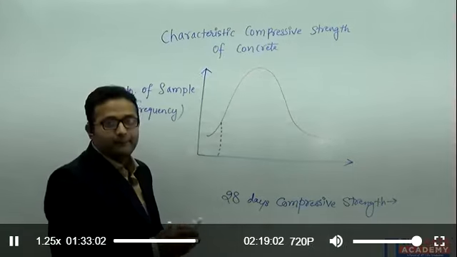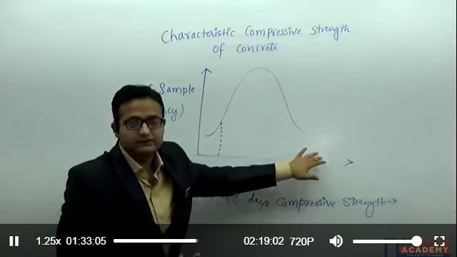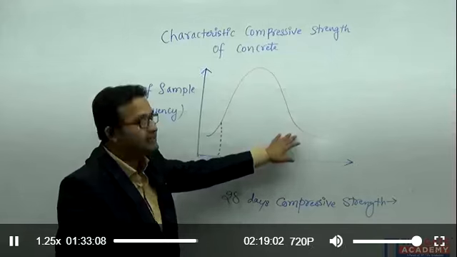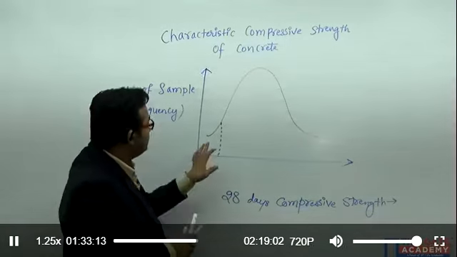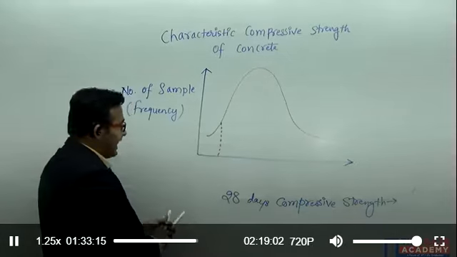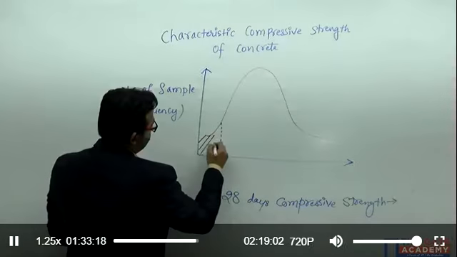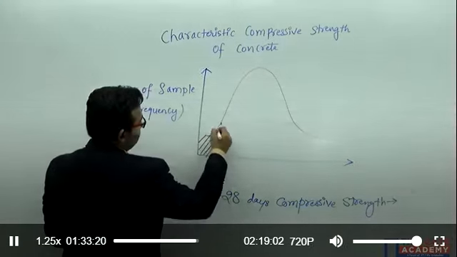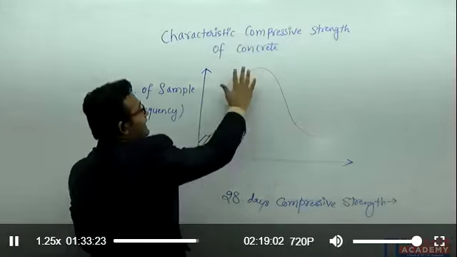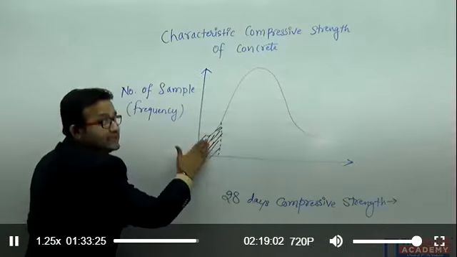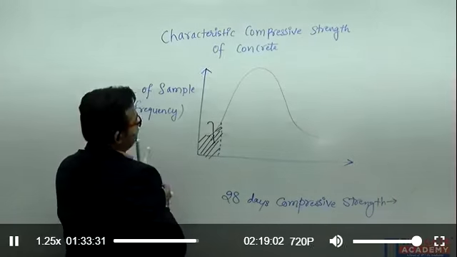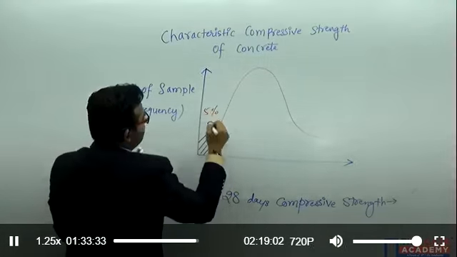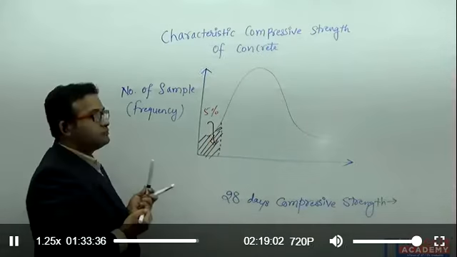See, the total area under this bell-shaped curve is 100%. It's total 100%. If I draw one line, this area is, suppose, 5%. This total area is, suppose, 100%, and this much area is only 5%.